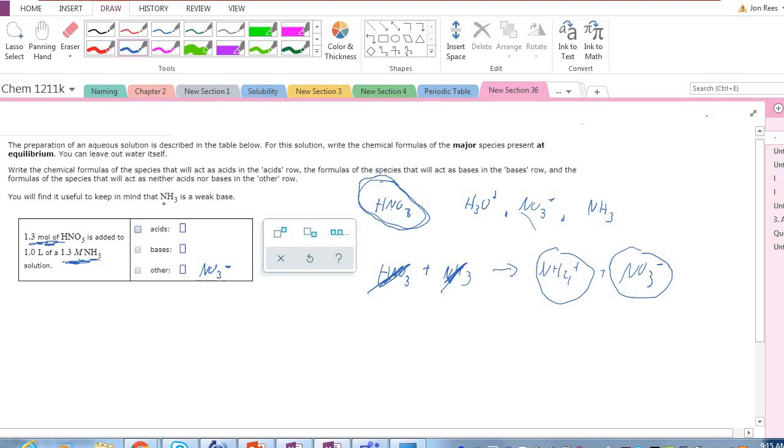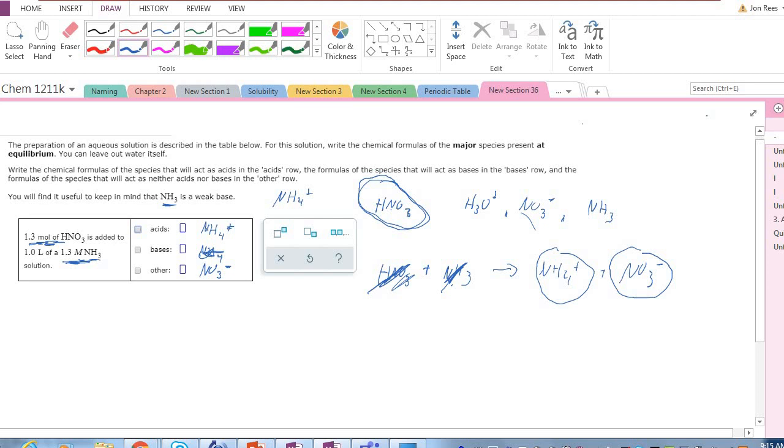It might be useful to remember that NH3 is a weak base, and so its conjugate acid, NH4+, is going to be a weak acid. It is going to have acidic properties, and even though all the acid and base are consumed in the initial reaction, it's going to leave this conjugate acid right here. Oops, I put it in the wrong place. This solution is going to be slightly acidic because of that. It's not going to be a pH of 7.